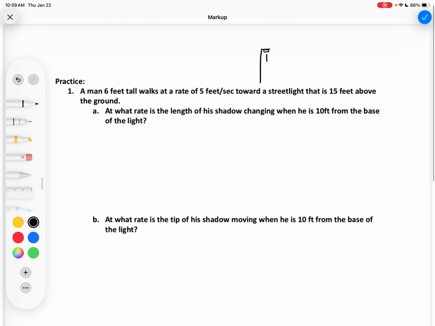this is 15 feet here from the ground. And our guy is 6 feet. And then essentially his shadow, I'm going to call S, would be over here.